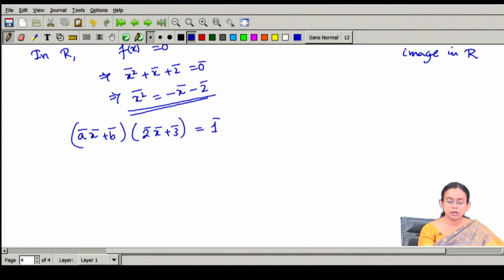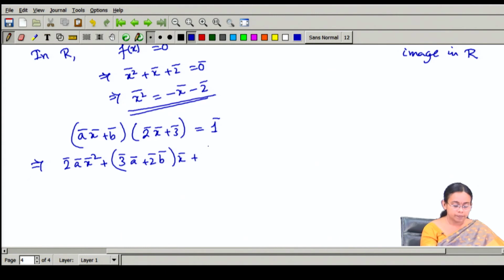So, I need to find the coefficients a bar and b bar appropriately, so that when I multiply I should get 1 bar in the quotient. Now, let us expand this, and if you expand, then you will be getting 2 bar a bar x bar square plus 3 bar a bar plus 2 bar b bar into x bar plus 3 bar into b bar equal to 1 bar.